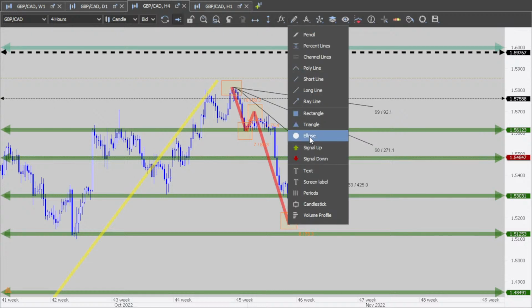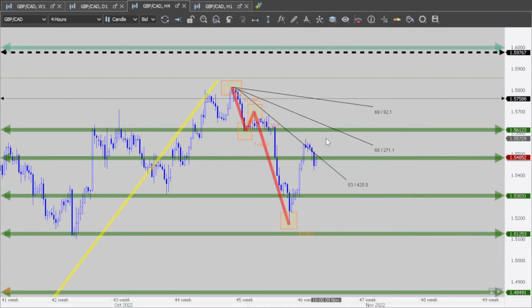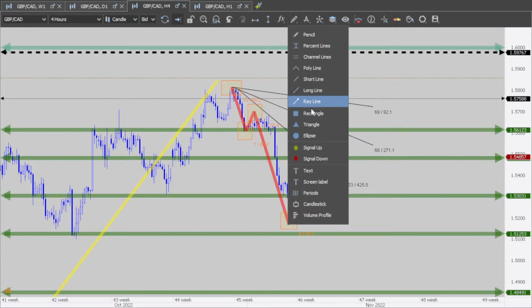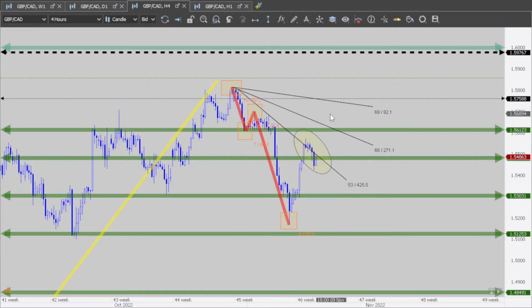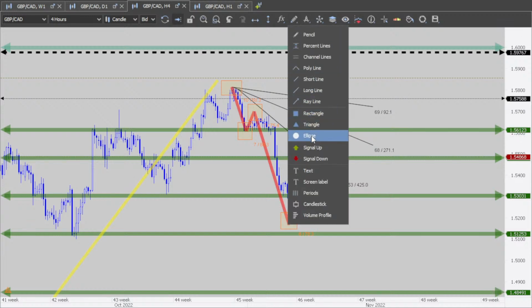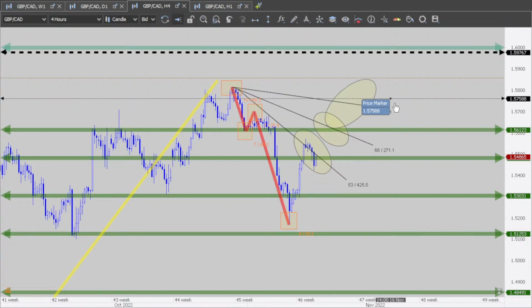Okay, now here is the question. Should I buy GBP CAD when it breaks the first counter trend line, which it did not yet, when it breaks the second counter trend line, or when it breaks the third counter trend line?